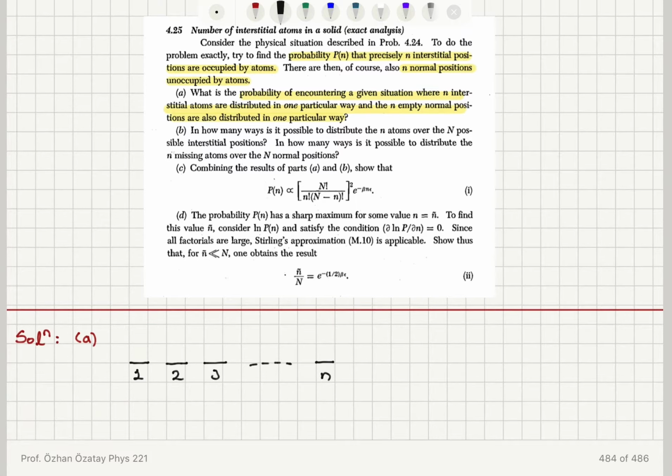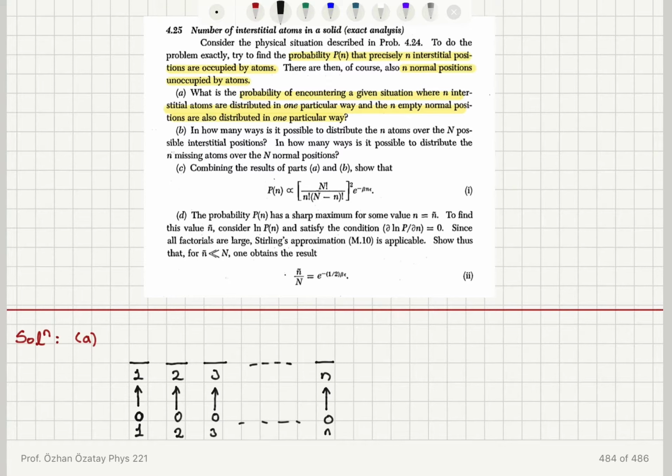And we're now asking the empty position being associated with the first interstitial position, first empty position, second empty position associated with this, third empty position associated with this, etc., for the nth empty position associated with the nth interstitial position.